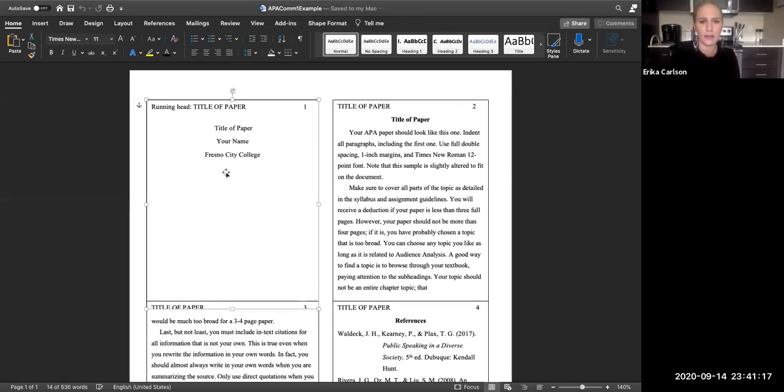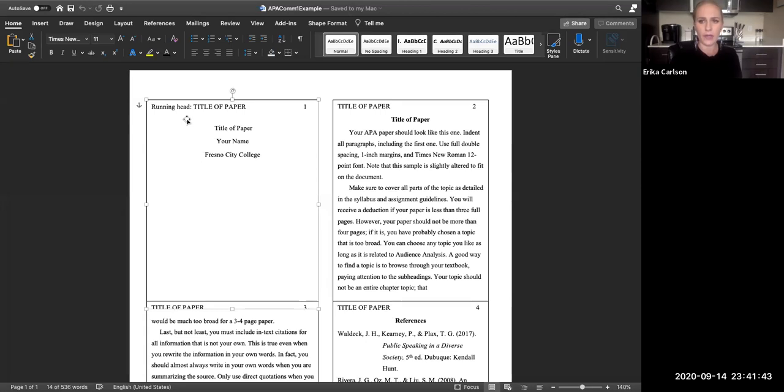On the cover page, not only are you going to have the page number on the top right in the header, but you're also going to have a running head. Now the running head only goes on the title page, and please note that in running head, the only thing capitalized is the R. After running head, you're going to put the title of your paper, which in this case is going to be audience analysis paper.